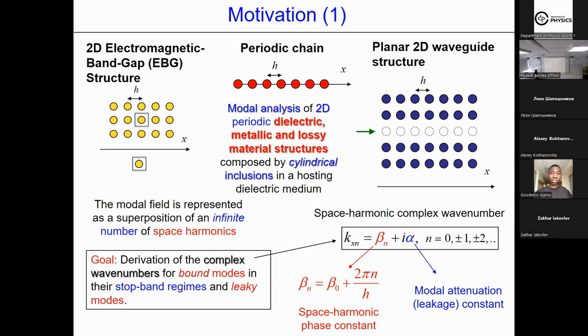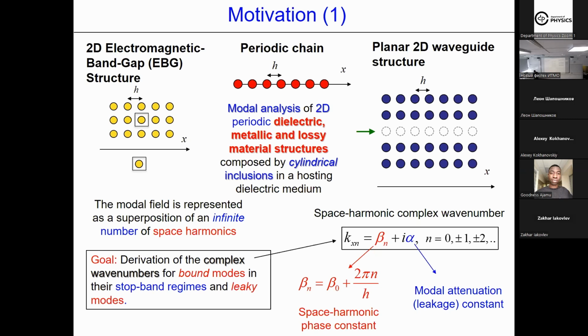The modal field is represented as a superposition of an infinite number of space harmonics. And this term here is very important. Here is the longitudinal wave number for each space harmonic, and this is actually a complex wave number. Alpha is called the attenuation constant, the imaginary part of the complex wave number, and beta is the propagation constant.